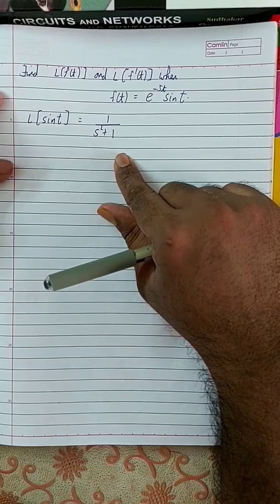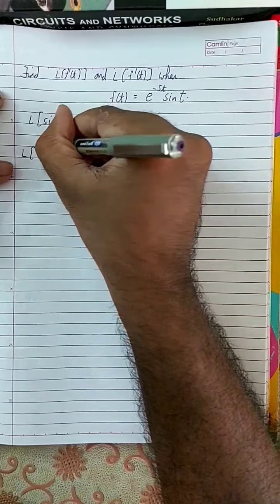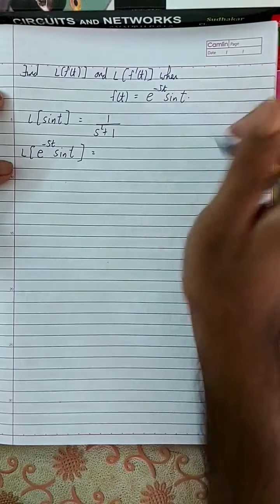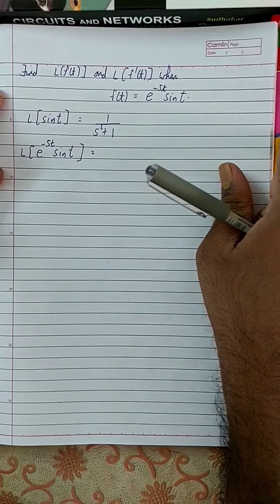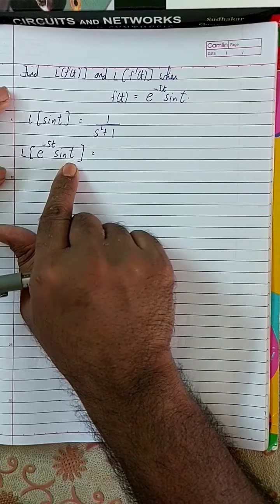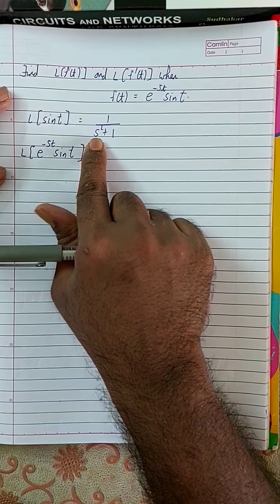In that case, what is the Laplace transform of e raised to minus 5t sine t? This is called the frequency shifting property, which means if the exponential function is being multiplied, then it is equivalent to substituting the value of s with its shifted frequency.